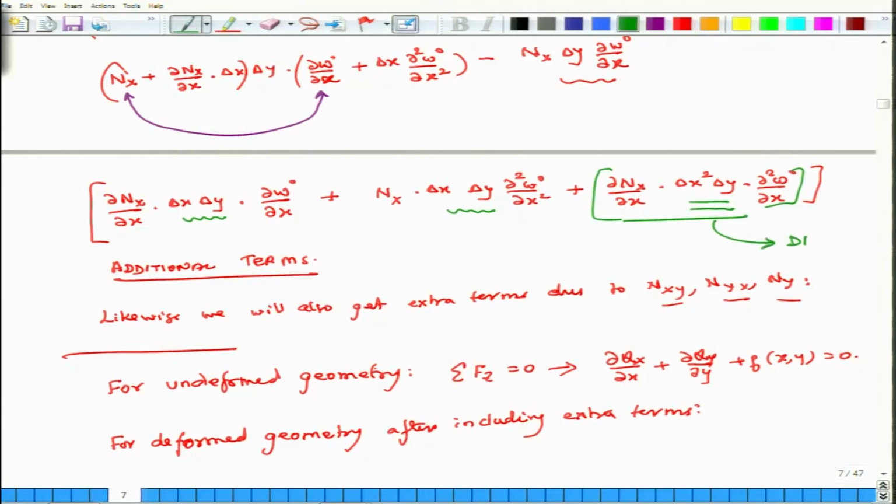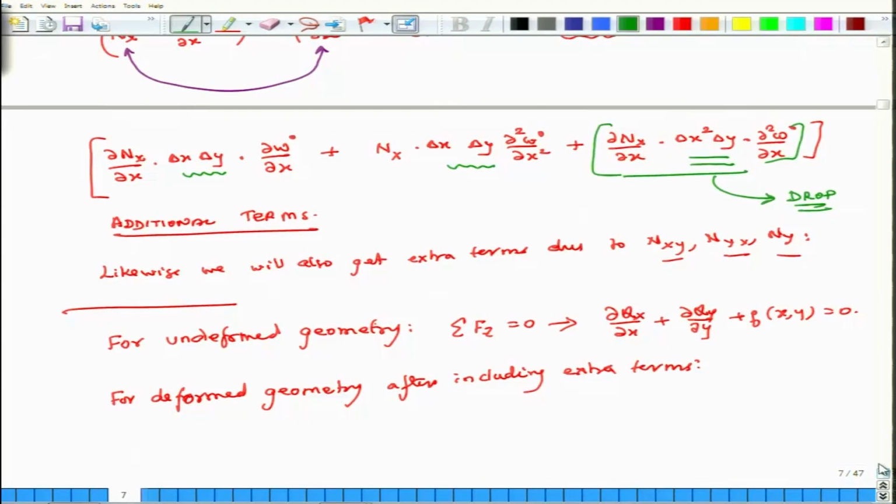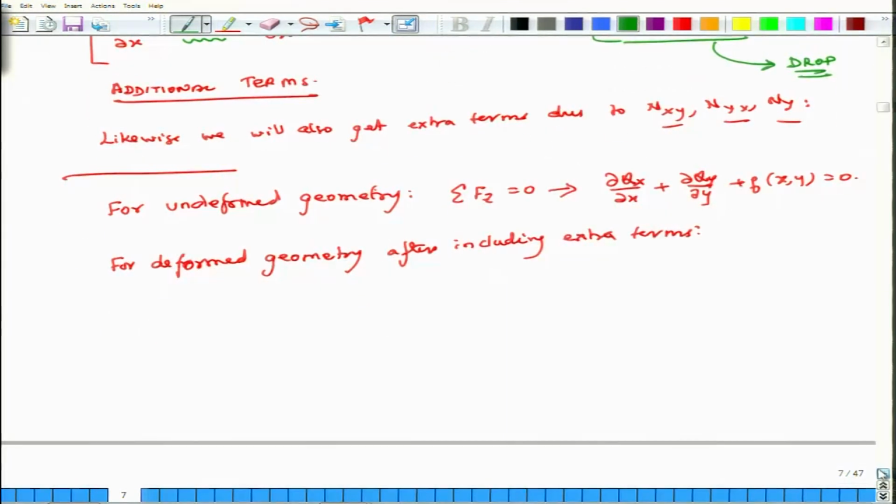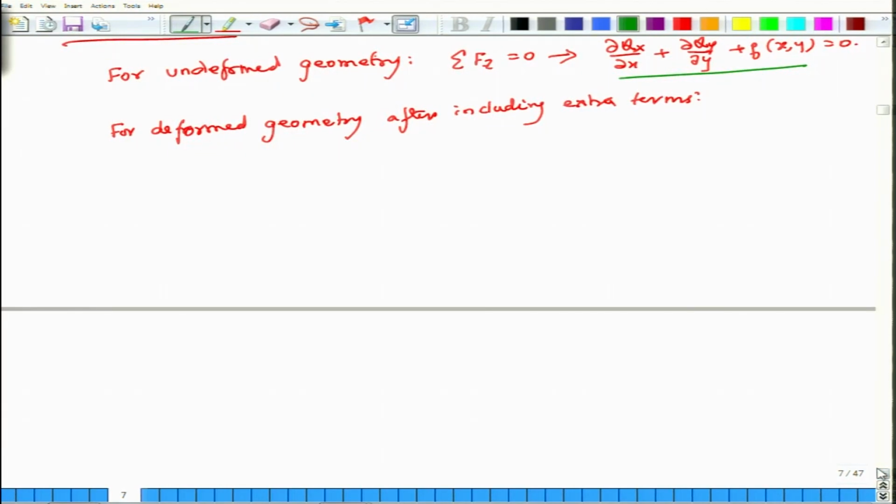So I can drop this term and it will not make any difference to my results, because if I make everything 100 times less, this will become less at an even faster pace. Okay. So this I am going to drop because it is a higher order term. So from each of these nx, nxy, nyx and ny, I get 2 extra terms. And if I add all those terms and include them in this equation, we get my overall new equilibrium equation for the deformed geometry.